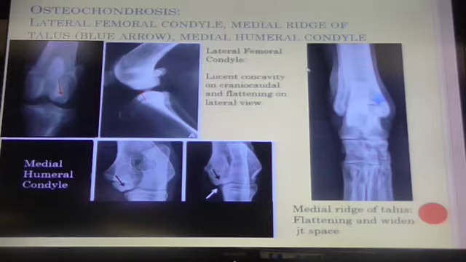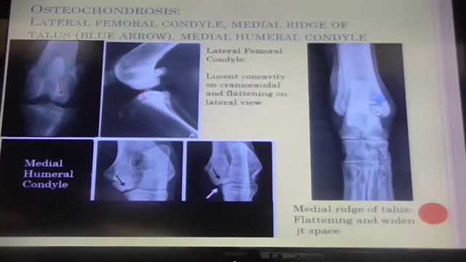Then on the craniocaudal, caudal-cranial view of the talus, it may not be as obvious, but what you look for is widening of the joint space. Widening of the joint space. I think you can appreciate that. Sometimes on that view it's very subtle, and you might not be able to appreciate it as well. But you should see some other changes on the lateral view.